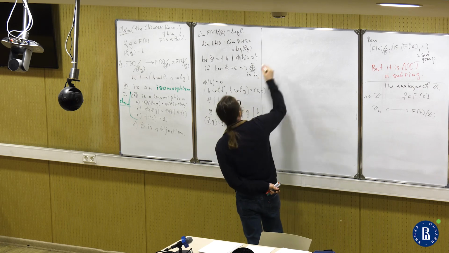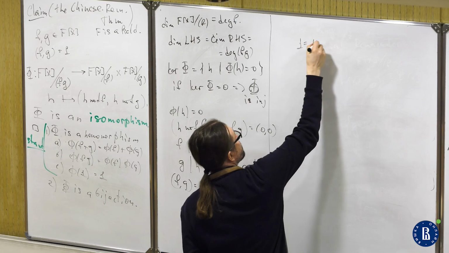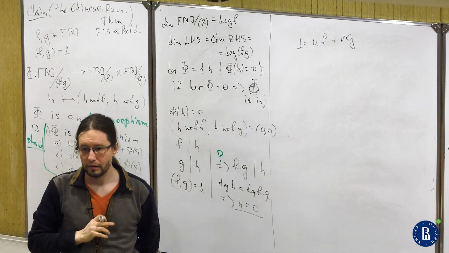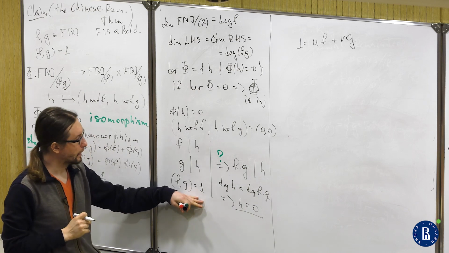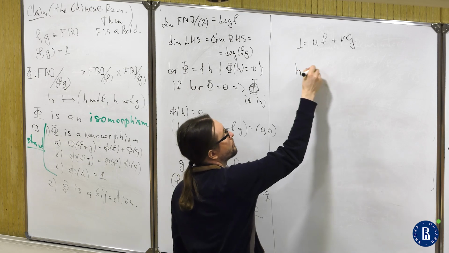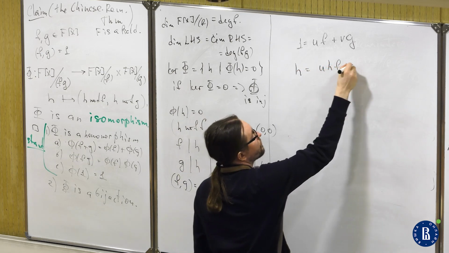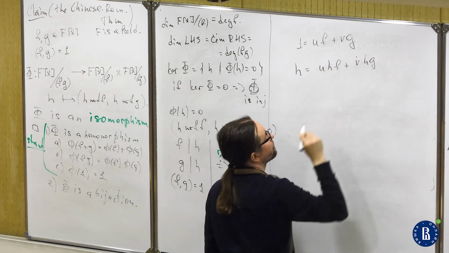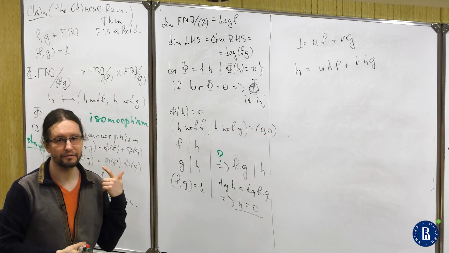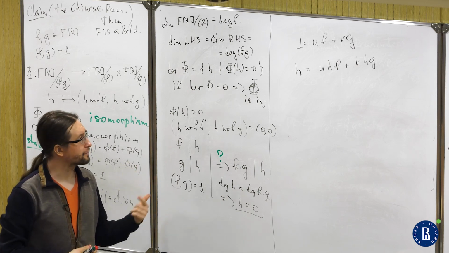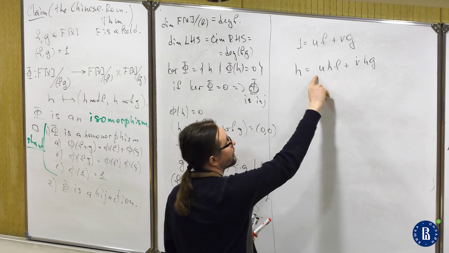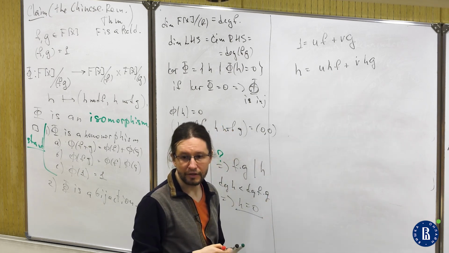Again, we can represent the greatest common divisor as this linear combination. And now, let's multiply this by h. We need to show that this thing is divisible by f times g. For that, it's enough to show that each summand is divisible by f times g.